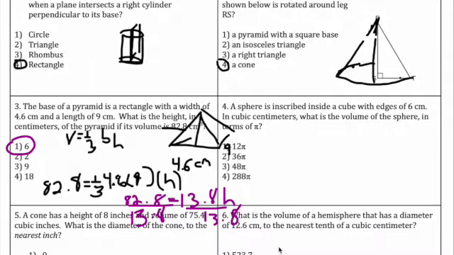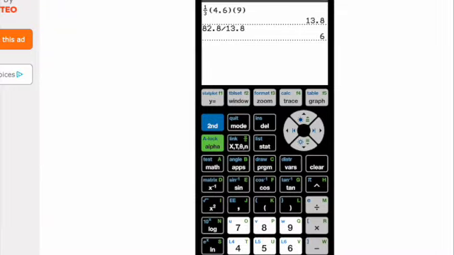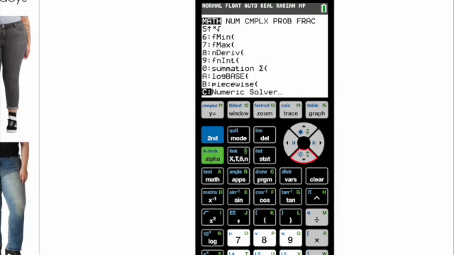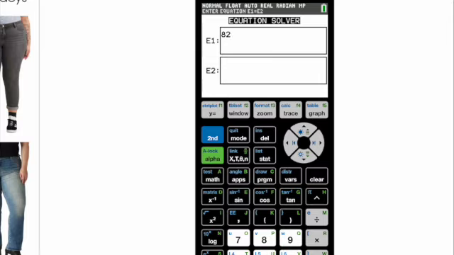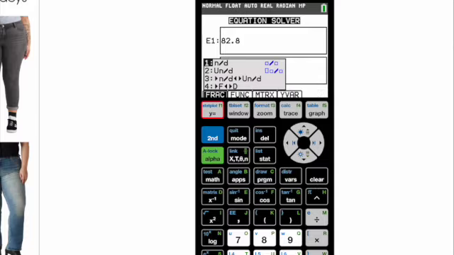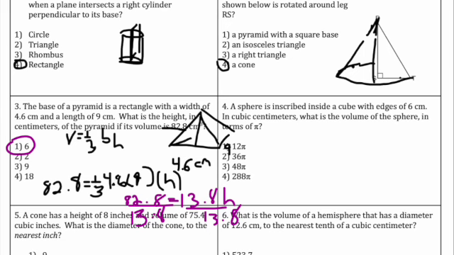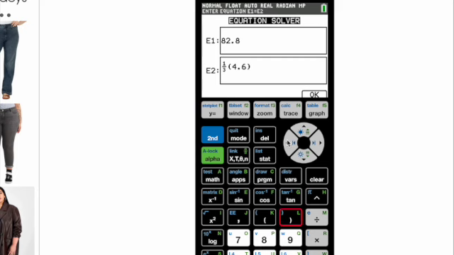Now I want to also show you on the calculator. Okay, you can go to math and go down all the way to numeric solver, and we had 82.8 on one side of the equation, and on the other side we had, well, I'm going to go from the whole thing so you can see, alpha y equals 1/3, right, times 4.6 times 9, right, and we had an h, which I'm going to put as an x.